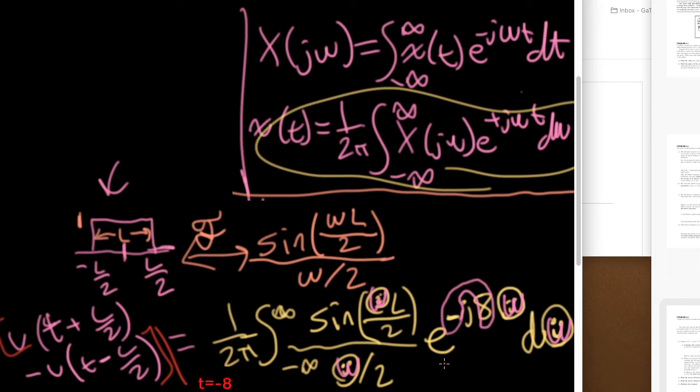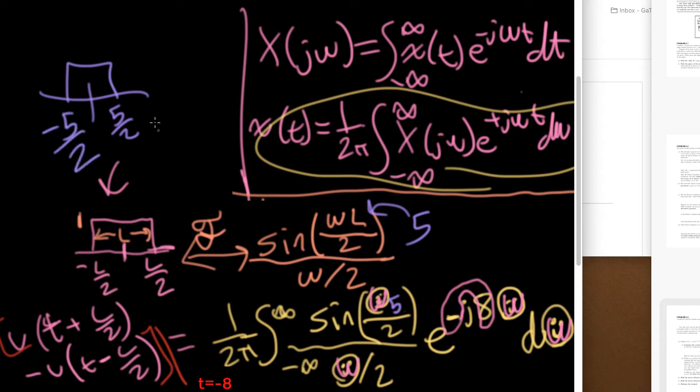Oh, you know what? I didn't really finish specifying the problem. I would have to make something for L. Let's make 5 be L. L is 5 here. My boxcar actually goes from minus 5 over 2 to 5 over 2. I evaluate it at t equal minus 8, and that would be outside.